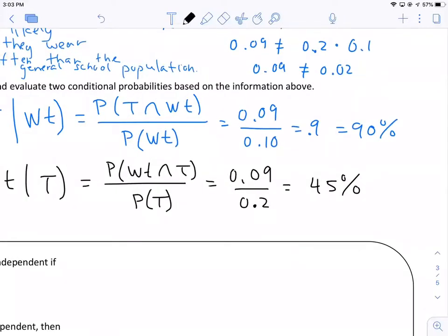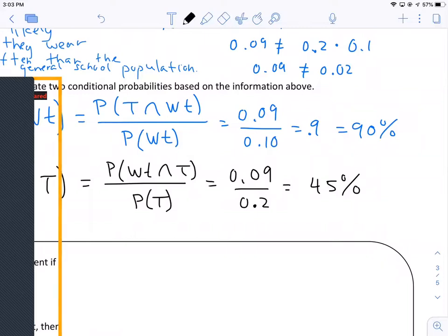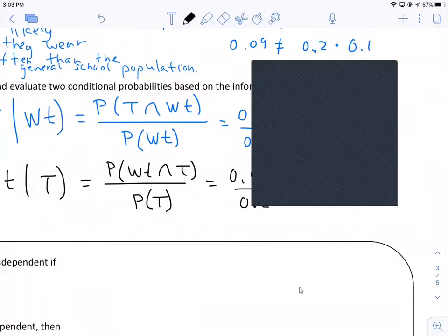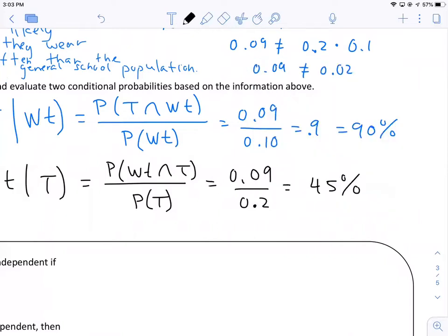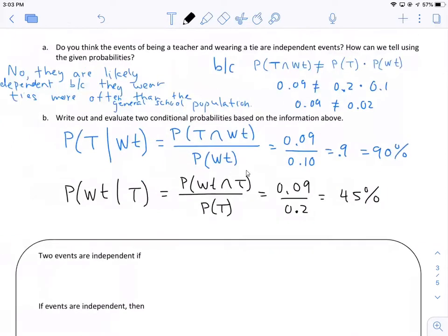Let me double check that, because I know it is, but I feel like double checking for whatever reason. 0.09 divided by 0.2. All right. That is 45%. So given that you are a teacher, there's a 45% chance that you also wear a tie.